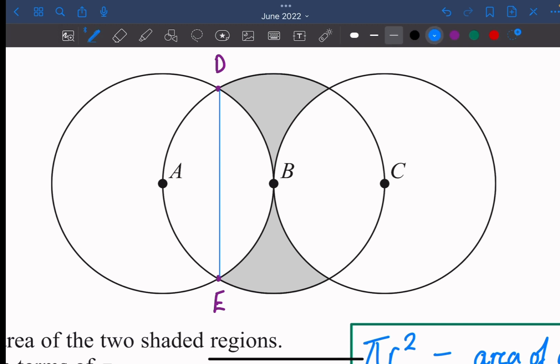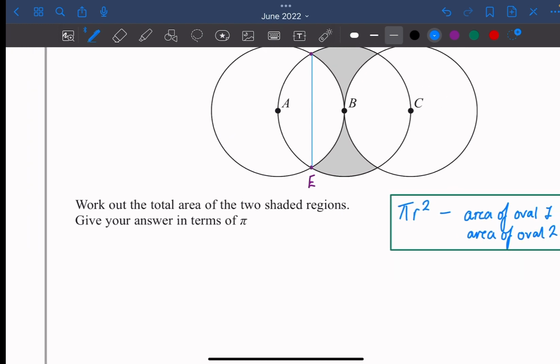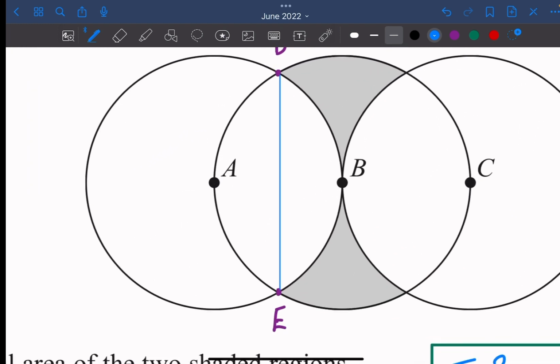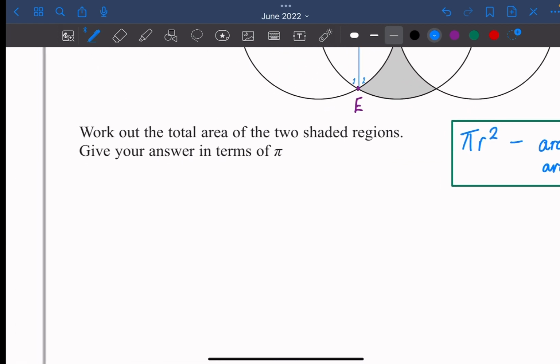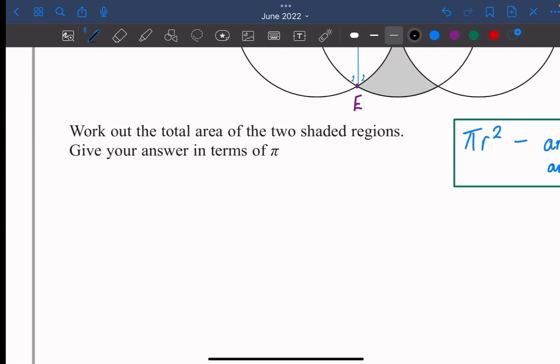If we find the area of each of these segments, which by the way are equal, we can find the area of the oval. So let's call them segment 1 and segment 2. Segment 1 plus segment 2 equals the oval area.